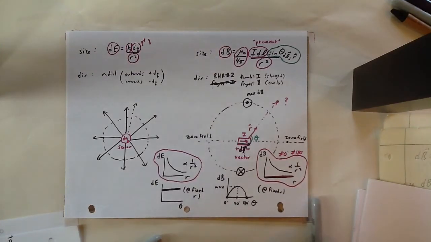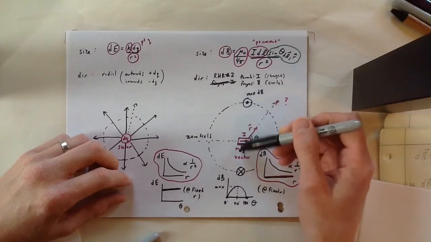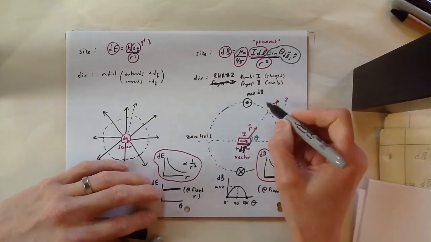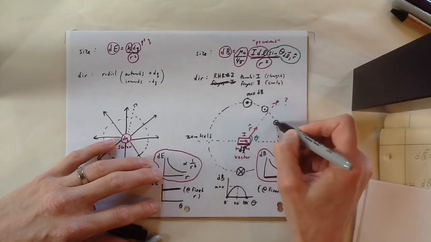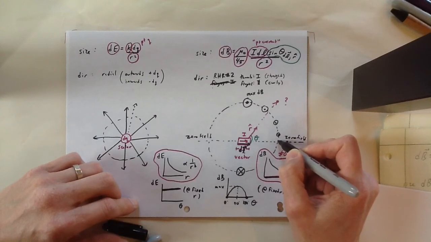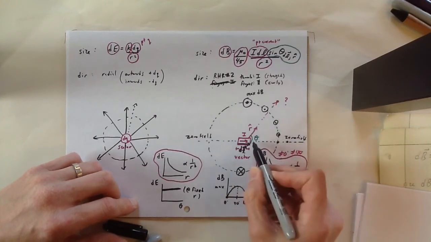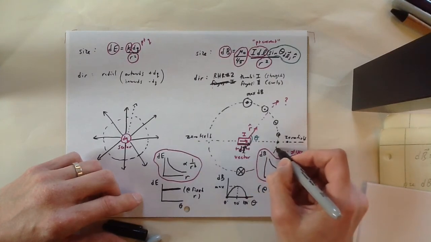And since we said it was maximum going out at 90 degrees to the current, let's draw it getting smaller here. It's going to get smaller and smaller and smaller, and then when it crosses this line, it's 0, right? We said it was 0 along the line ahead and behind the charge, and then when you cross over that, it points in the other direction.